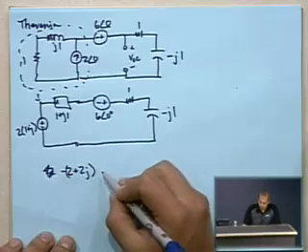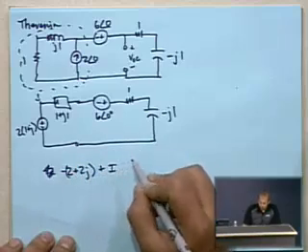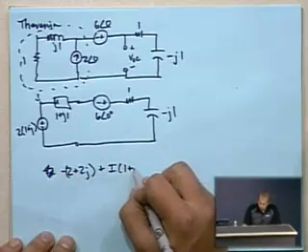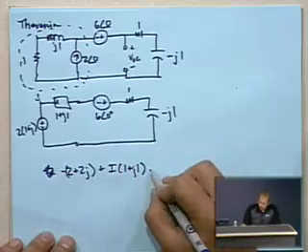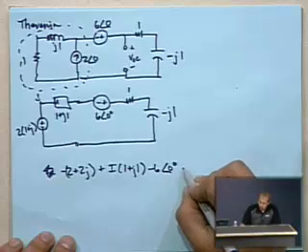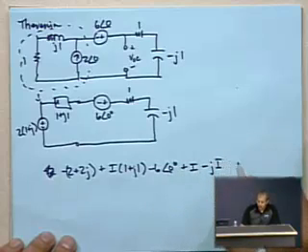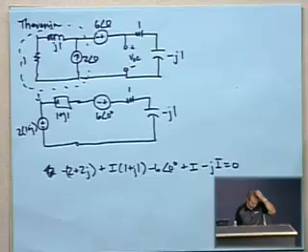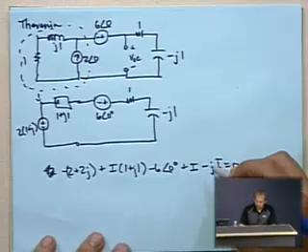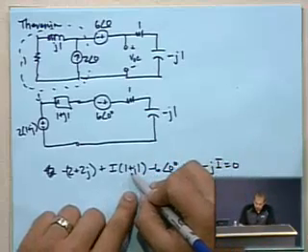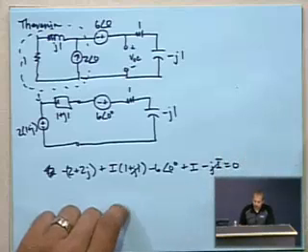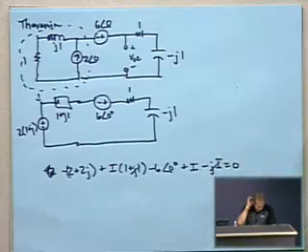That's the voltage source, plus I times 1 plus J1, minus 6 at an angle of 0, plus I times 1 minus J1 equals 0. So we can kind of easily see that this J1 and this cancel out as a positive and a negative.